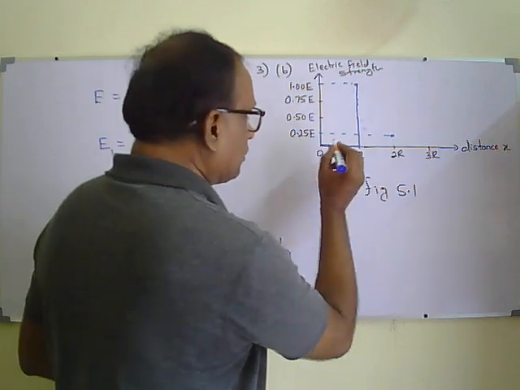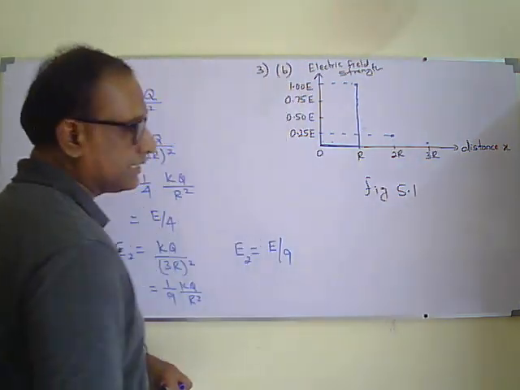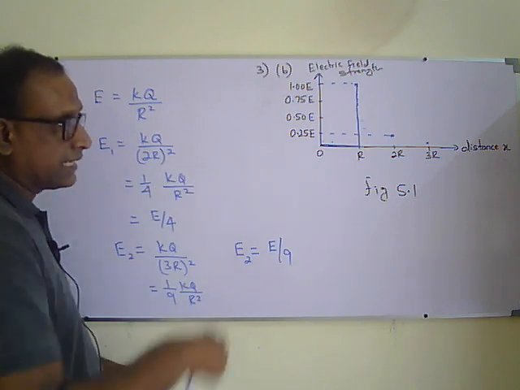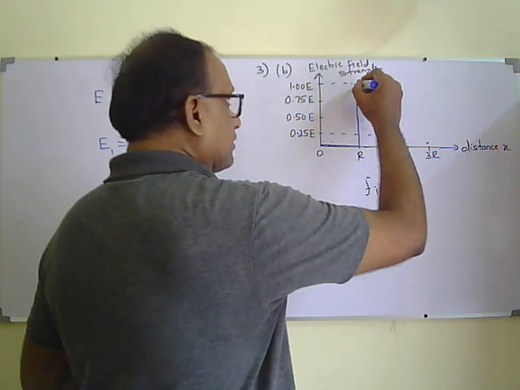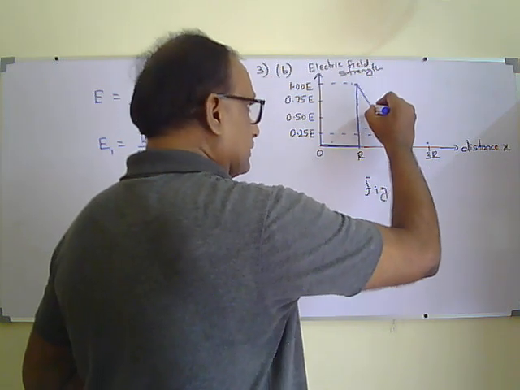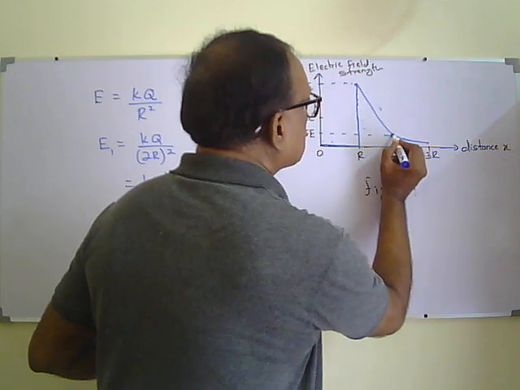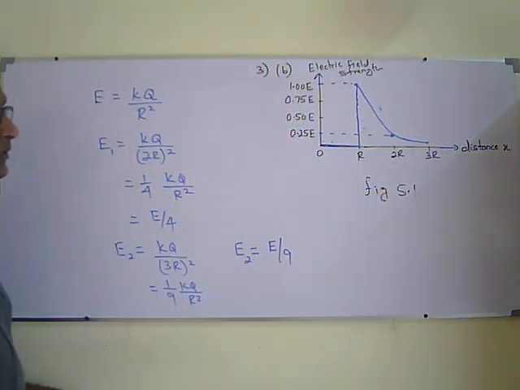So you can take the value somewhere here, 0.11. You take it from the graph, the grid lines. Then connect this as a curve, not a straight line. So the graph will be this shape. Okay, that's the answer for question number 3, part B.